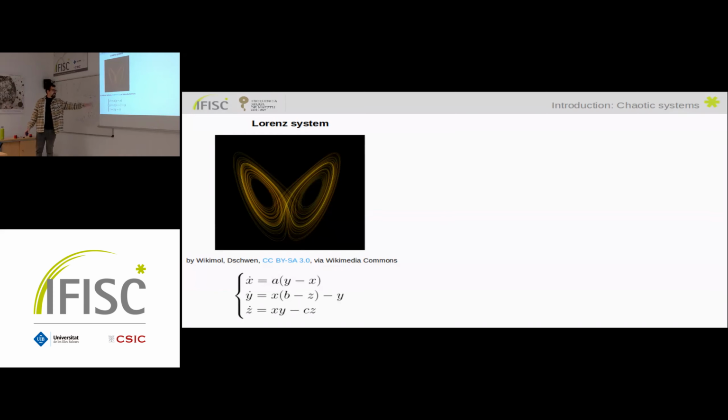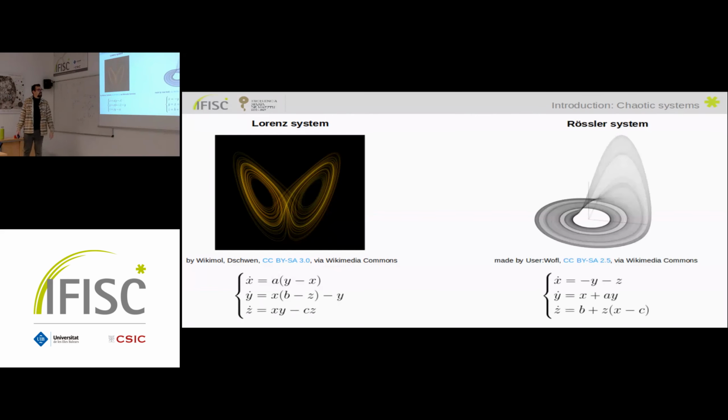The equations are just a three-dimensional system which has two nonlinearities. Then after this system came out and became very popular, there was a scientist called Rössler, who came up with a different model based on this one, but which was a little bit simpler because it only has one nonlinearity.